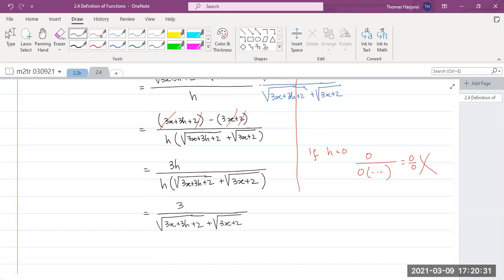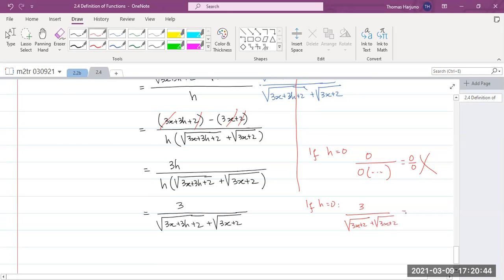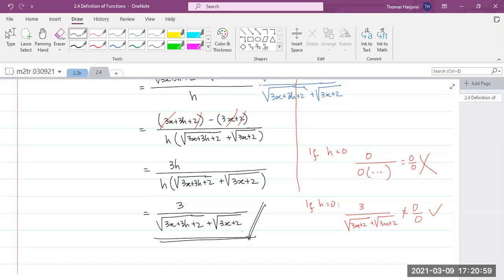Now you check when h equals 0, you will get 3 over the square root of 3x plus 2 plus the square root of 3x plus 2, which is not 0 over 0. So we are okay. Then we can stop here. Okay, now that's for this difference quotient.